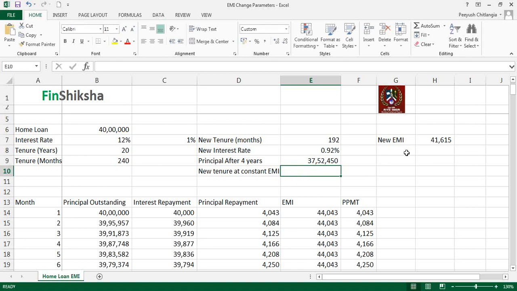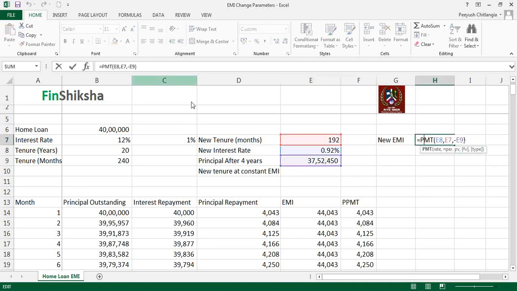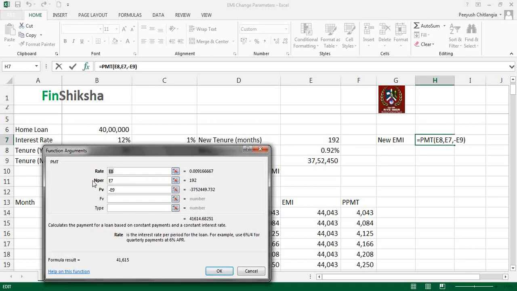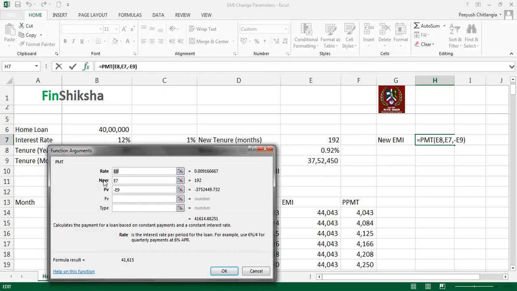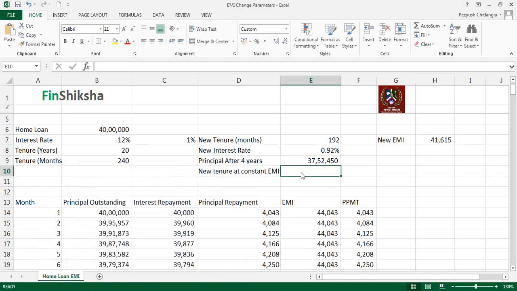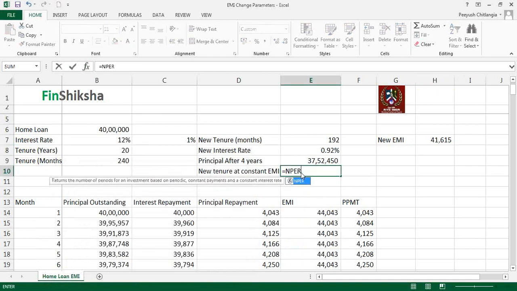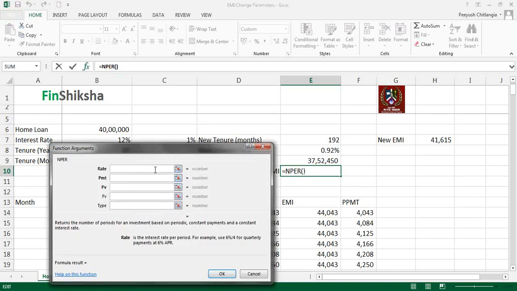The tenure, remember, in this equation, if we were to open the arguments, is given by this term called nper, right? And so it's logical that there should be a function like NPER, number of periods, and we have the rate given here.